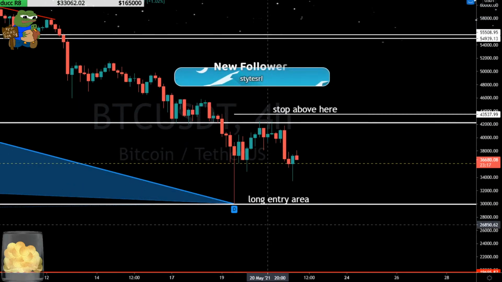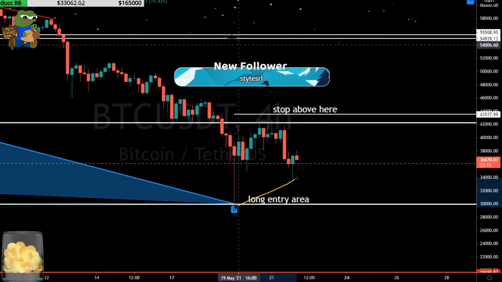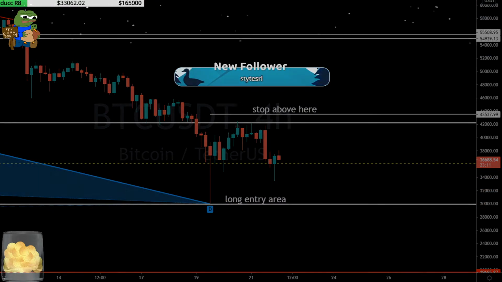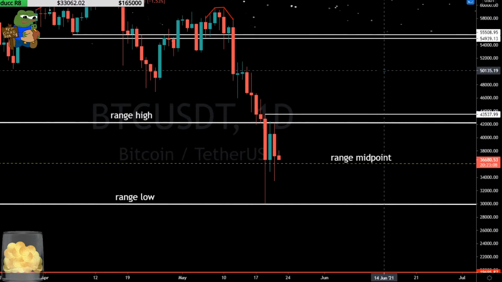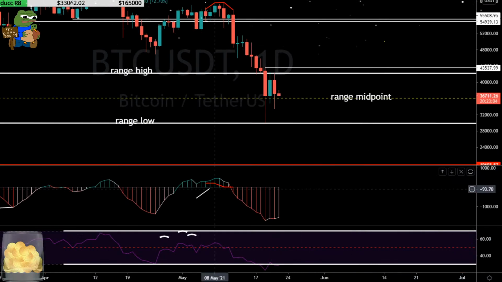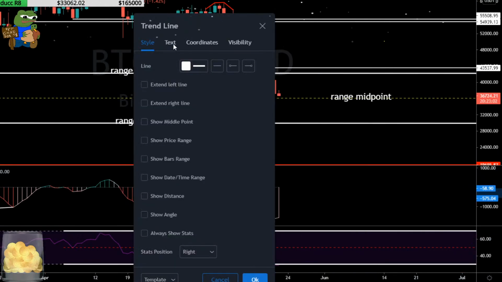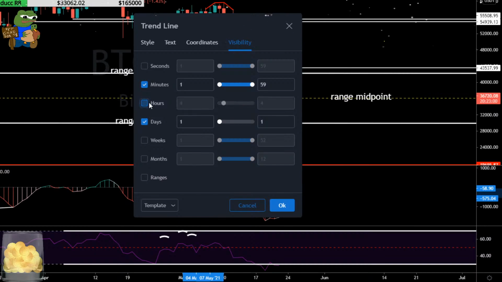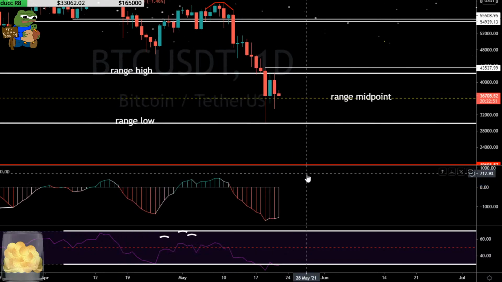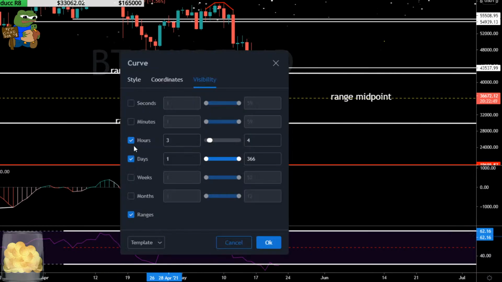Okay, so the 4 hour painting decent amount of convergence, okay? Not divergence, convergence. And then when we look at the daily, it's really trash. Let me just try and clean this up, or it's just messy.